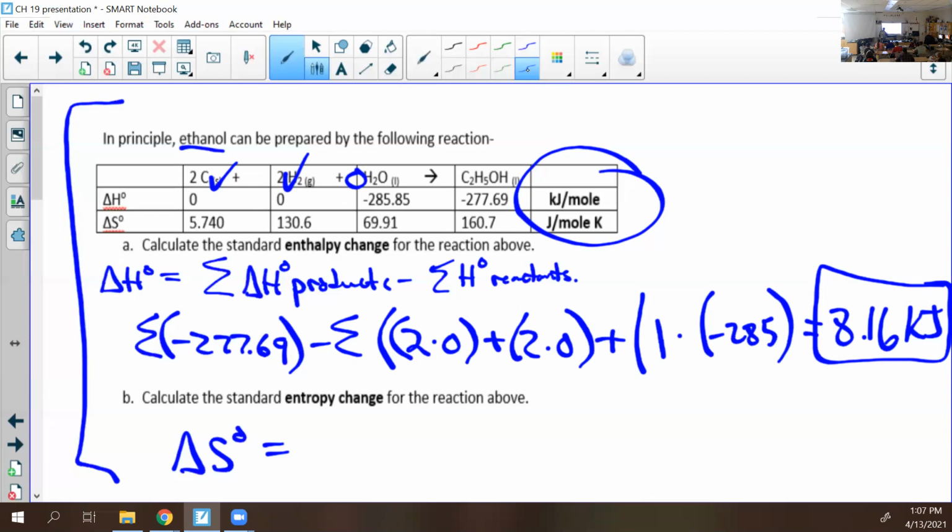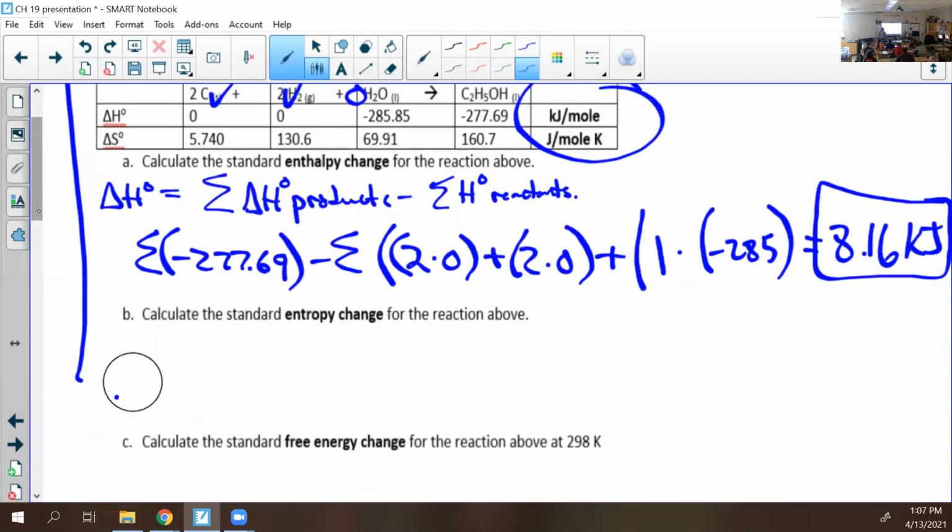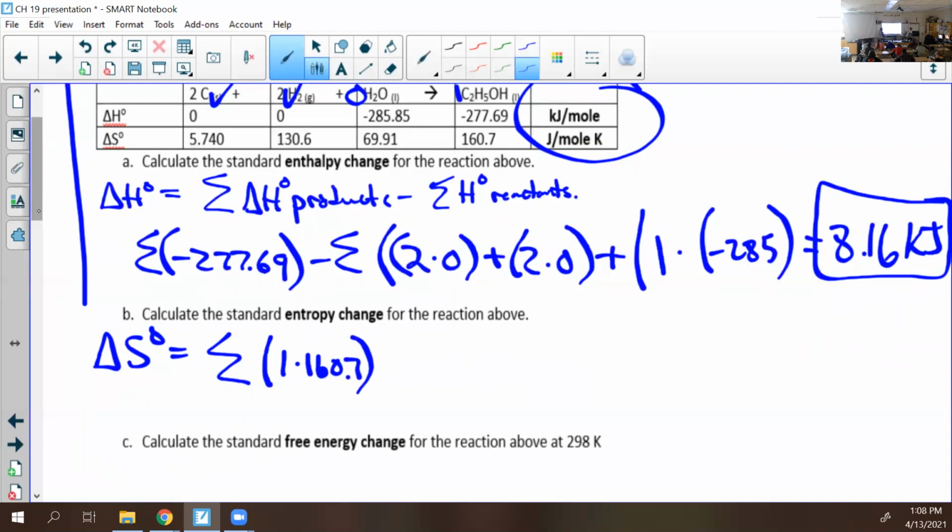Are we ready? This is gonna be a pain in the butt. All right, so it's the sum of all that. I'm just gonna write this out. So the sum of the products, there's just a 1 here, right? So I'll do it for consistency. 1 times 160.7. You okay with that?